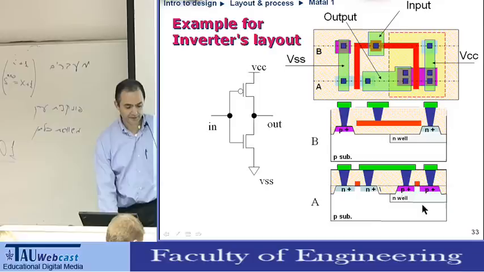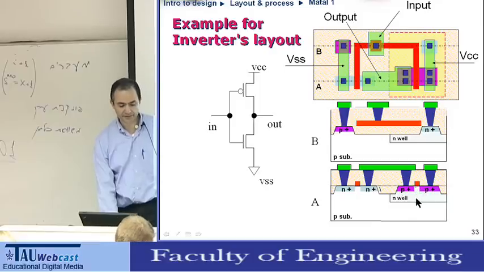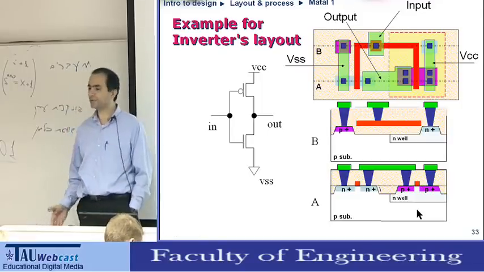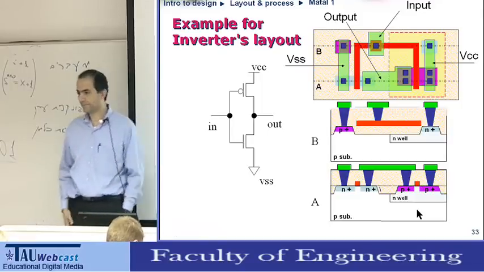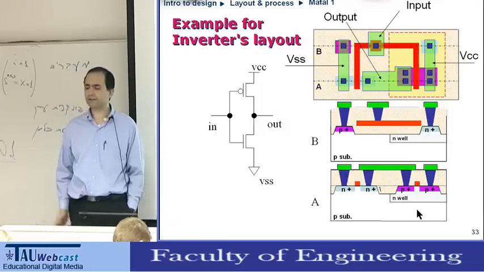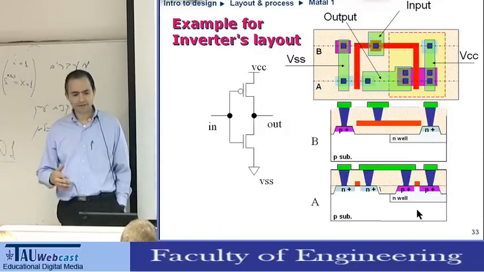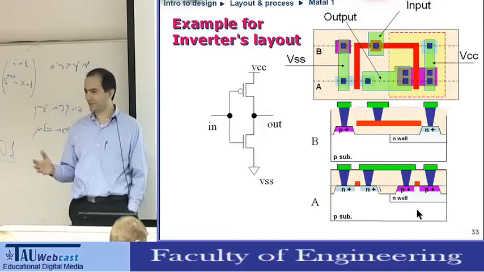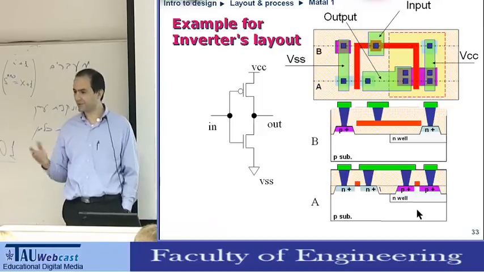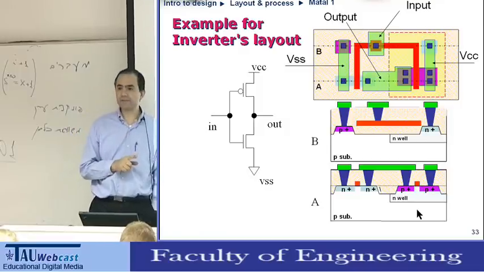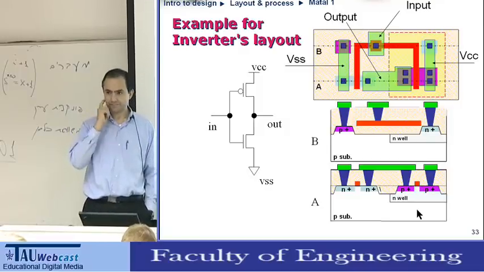So if the mobility here is determined by this 10 to the 17, even if you add 10 to the 15, it's completely negligible, and it will not impact the mobility. By the way, there are other mechanisms that determine the mobility, which are covered in other courses, semiconductor physics, for example. Any more questions about the inverter?